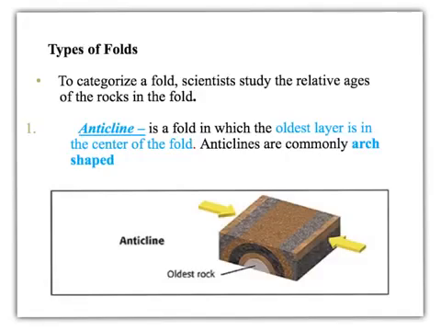So one of the things we do when we look at a fold is we look at the relative ages of rocks. By relative ages, this involves no numbers. We're just trying to figure out what rock is older, what rock is younger. We don't know how much older, we don't know how much younger.